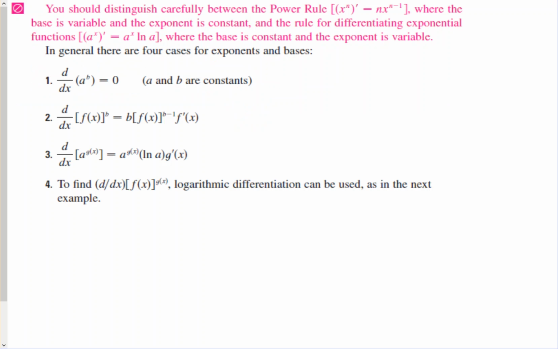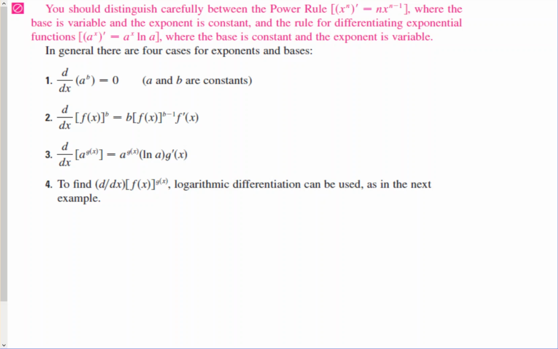Okay, so just some general properties again with exponents and bases. One thing we should note as we're doing these, that you want to distinguish between the power rule, x to the n, and the rule for differentiating exponential functions, a to the x. Okay, so you have x to the n, you have a variable to a constant with the power rule.